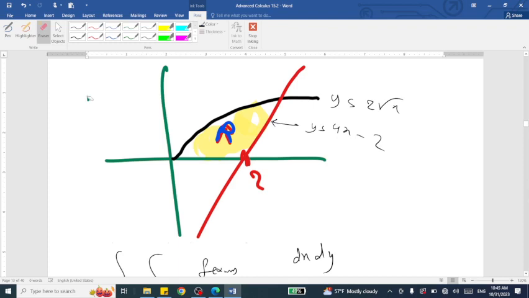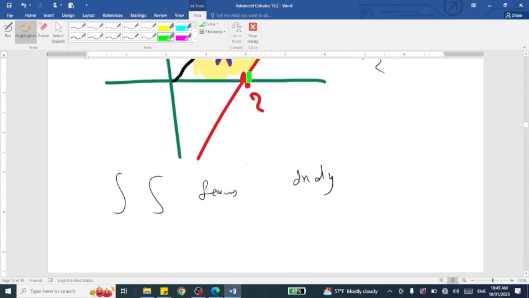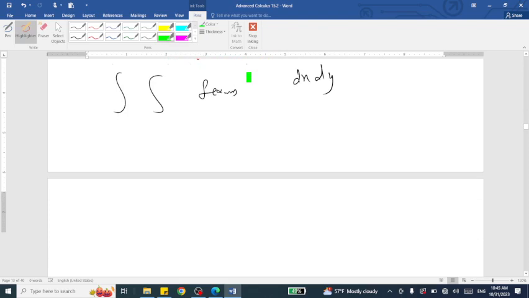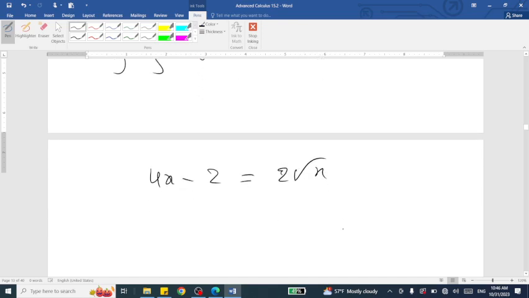Well done. Now how do we find this point? Do we substitute directly? No, you need to solve to find the intersection. 4x minus 2 equal to 2 square root of x. You need to solve that to find the intersection point.